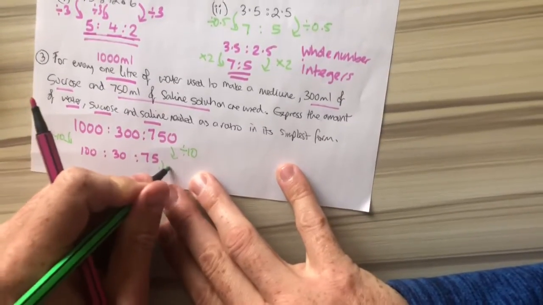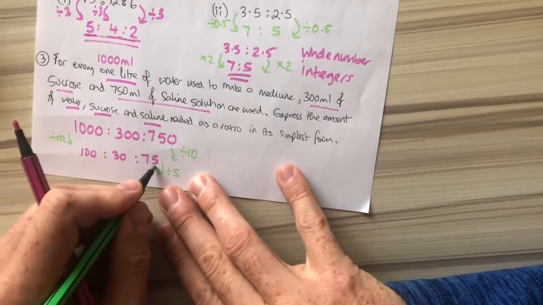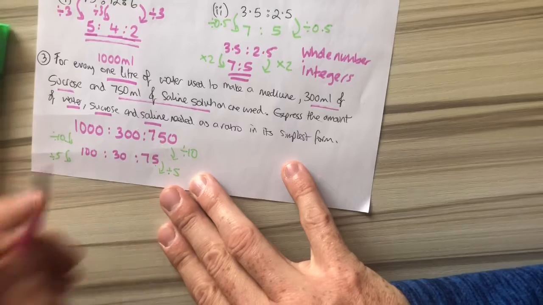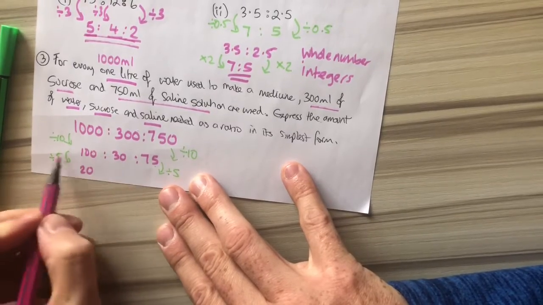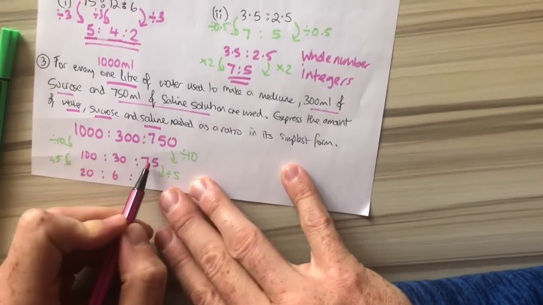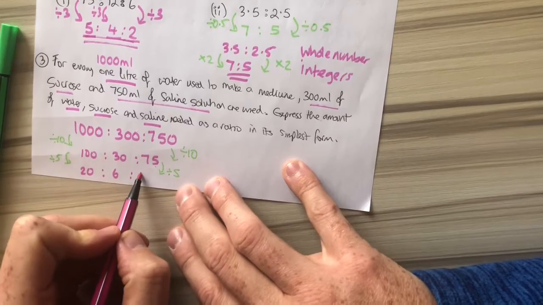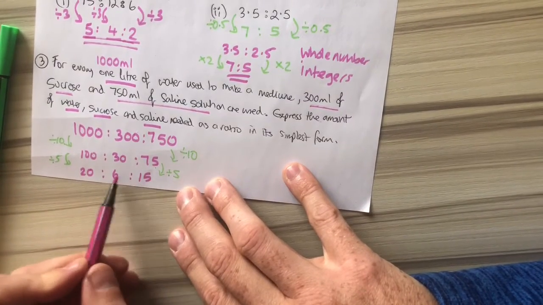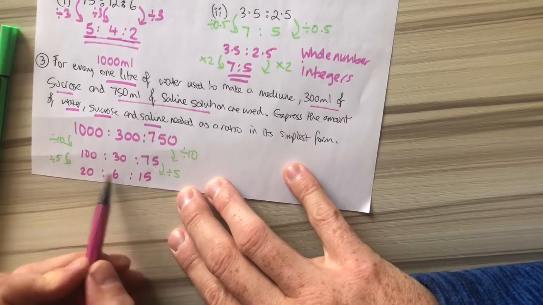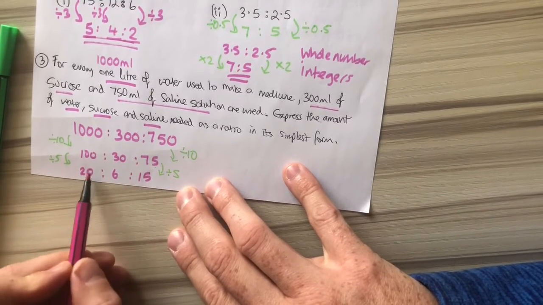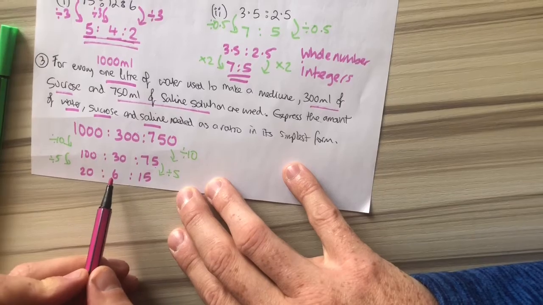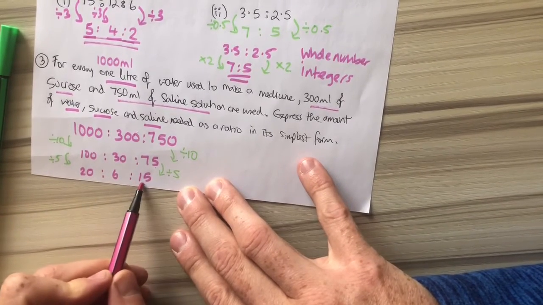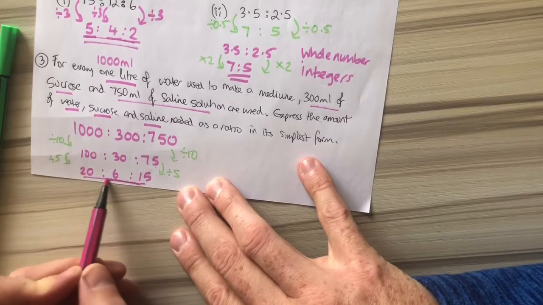So I'm going to divide by 5 because they've got 5 or 0 at the end. 100 divided by 5 is 20, 30 divided by 5 is 6, and 75 divided by 5 is 15. Now check again. Does 2 go into all those? Not in there, but does in them. 3 doesn't go into 20. Miss out 4, 5 doesn't go in. So there's nothing else now that makes that simpler. So that is the final answer.